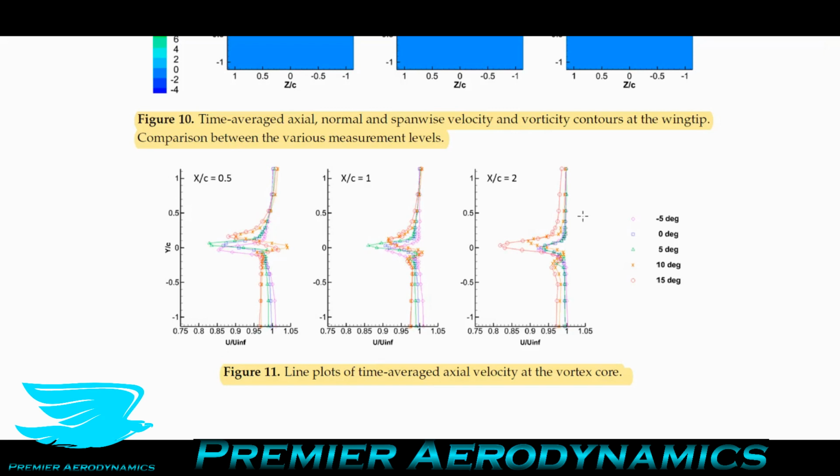When you go to 2 planes downstream, all of a sudden the lowest axial velocity, so in the core of the vortex, is very low now for 15 degrees. And again, that may be due just to the vortex expanding to the point where they can now measure the lowest velocity there, just their grid points happen to find it. I'm not too sure.